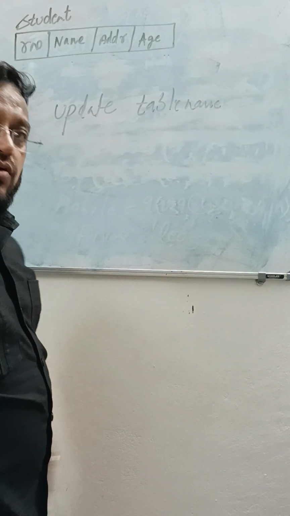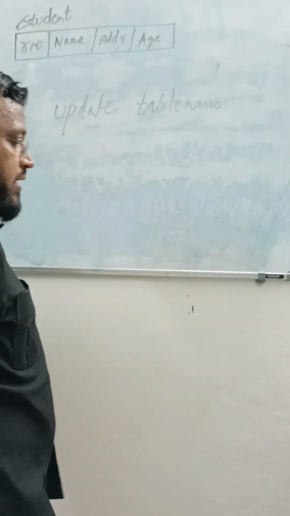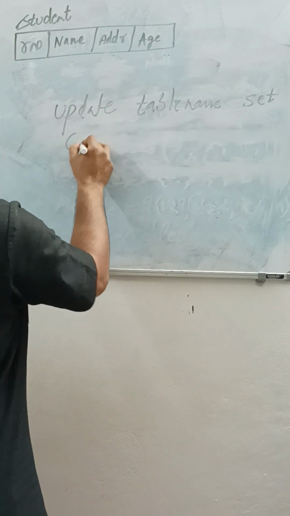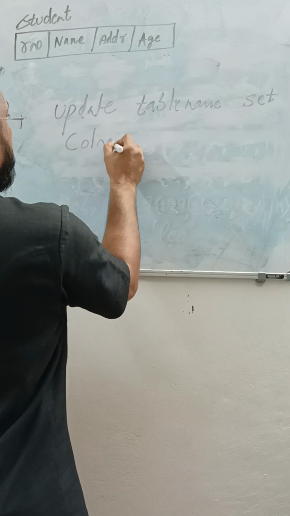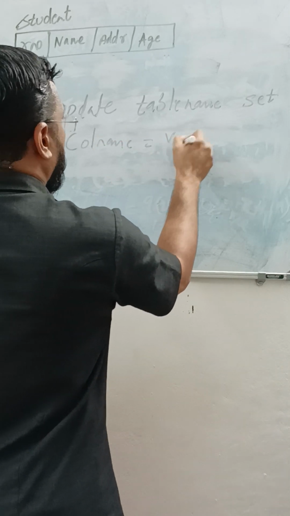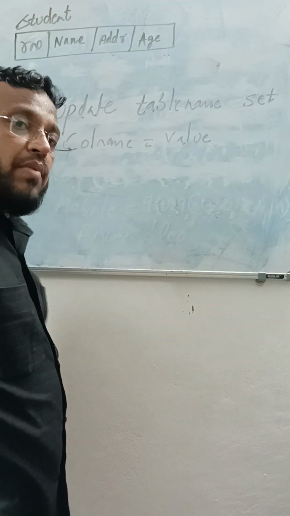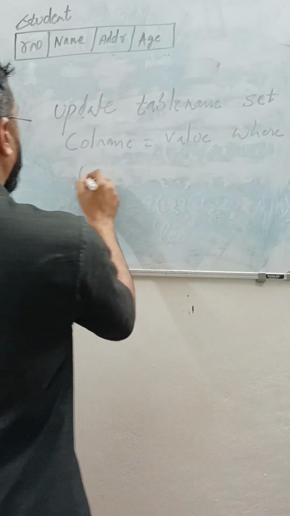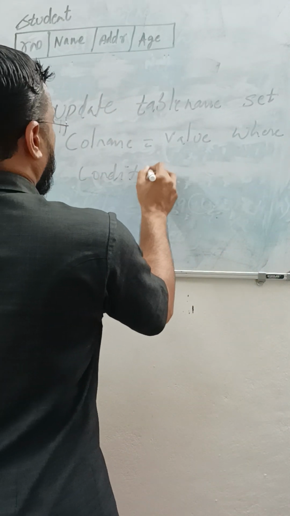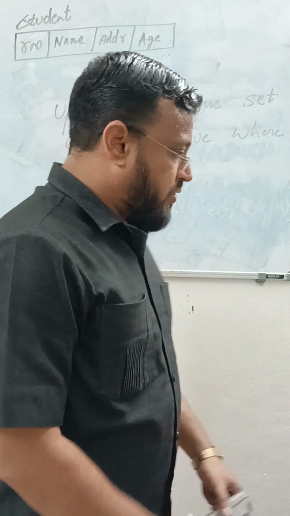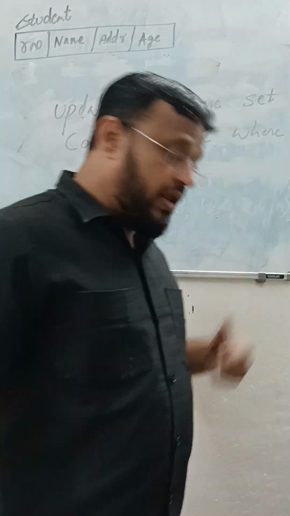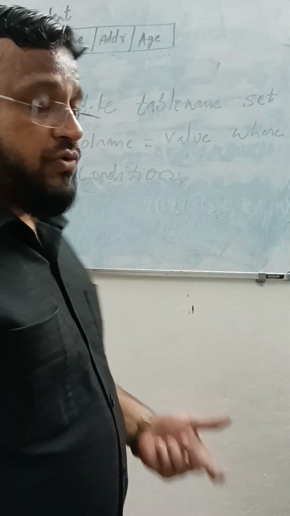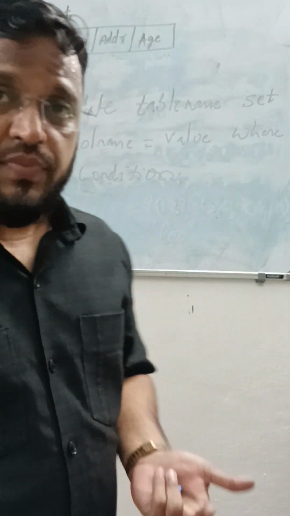I will just write down the syntax: update table name, set column name and value, column name and value, where condition. So this is another command of DML, that is we try to update the value.